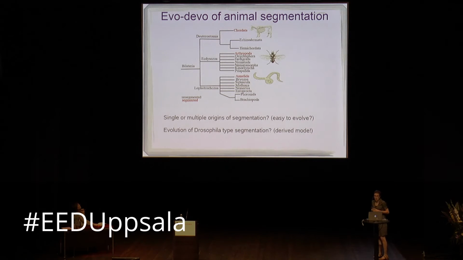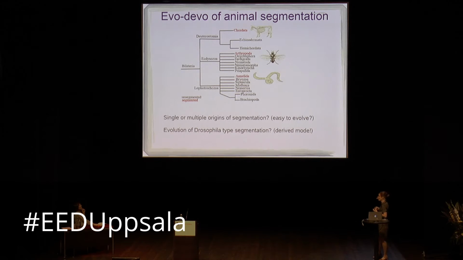And indeed, what many people are interested in is: does segmentation evolve? Did it evolve once? Did it evolve twice? Did it evolve three times? And we've been addressing these questions with in-silico evolutionary models and testing how easy it is to evolve segmentation. And another question that we can ask, and that was addressed also today with a modeling study, is how does Drosophila-type segmentation evolve?